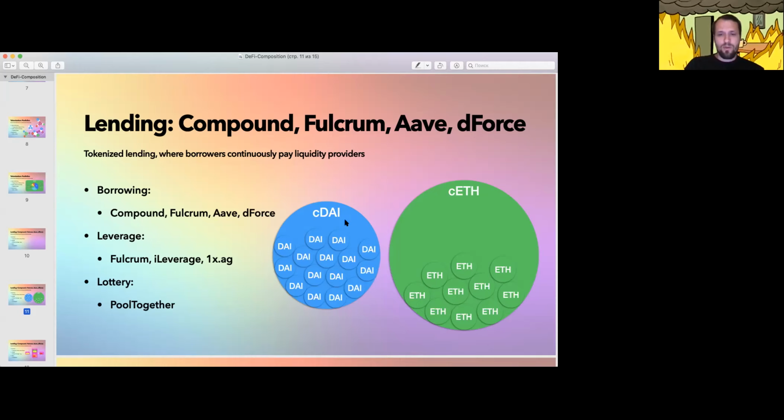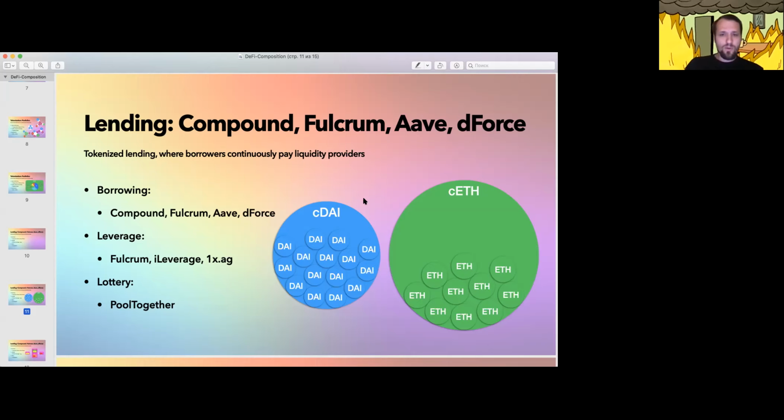So if you wanna put your DAI into these protocols, you can convert this DAI into C DAI without any slippage for some fixed price, which is actual for this smart contract right now. And you can wrap your tokens, for example, for Compound it's C DAI, for Aave it's A DAI.